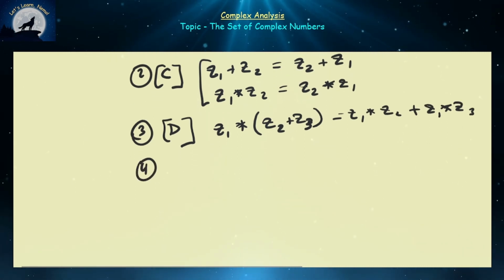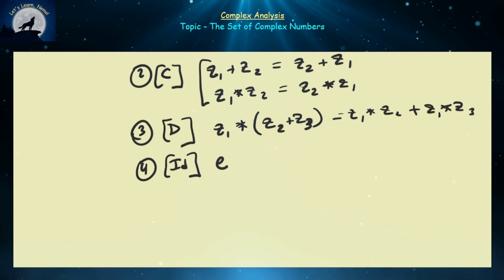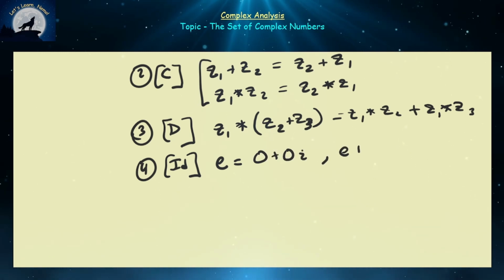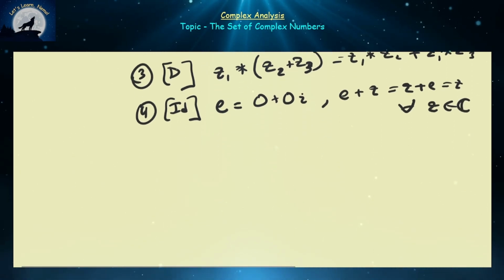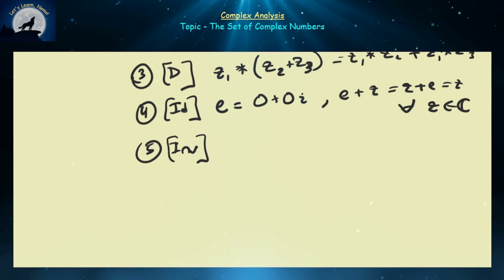And then the fourth would be identity existence. And you should be able to show that the identity element in this particular object, some people will represent the identity element as e, since i is already reserved for the square root of minus 1, is 0 plus 0i. And you should be able to show that, for example, e plus z equals z plus e is equal to z, and that's going to be true for all z inside of C. And also the existence of inverses for objects.